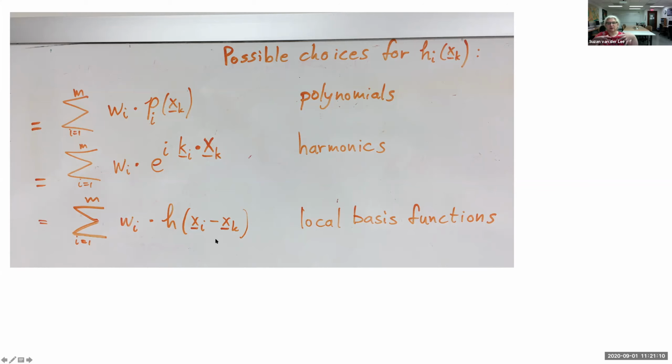But in this lecture, we're going to talk about these basis functions being local basis functions that are only defined in a local area around a grid point on a regular grid. This basis function is centered, for example, at x of I, and its value decreases as you increase the distance to the point of interest, x of k, where we wanted to know the MOHO depth.